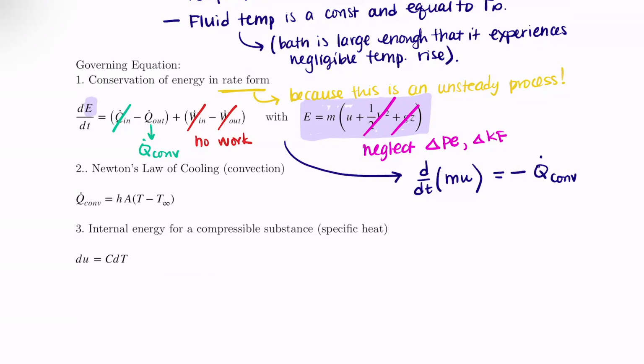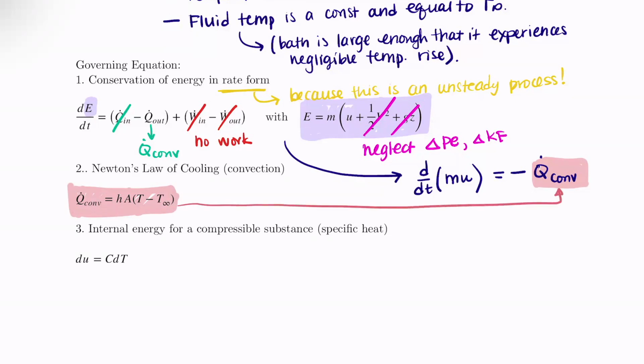Hopefully you've already noticed that we have Q dot convection right here, and so we are going to use this equation on the right-hand side. I am going to substitute this definition into here, which gives us that the time rate of change of mass times internal energy is equal to minus h A (T minus T infinity).